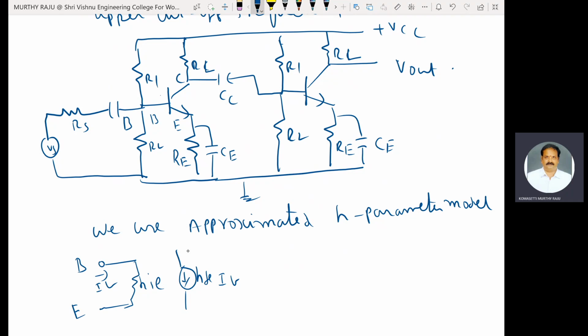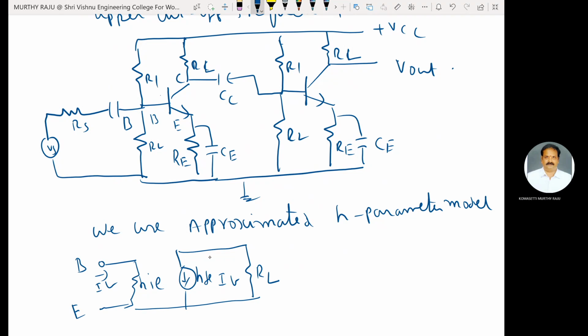RL is connected to the collector terminal. This is for the first stage. Only HIE and HFE are there; the approximated H parameter model is used for this transistor.